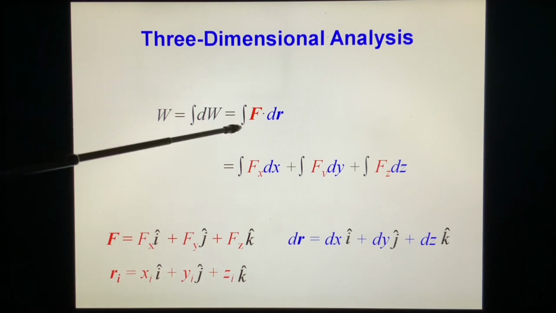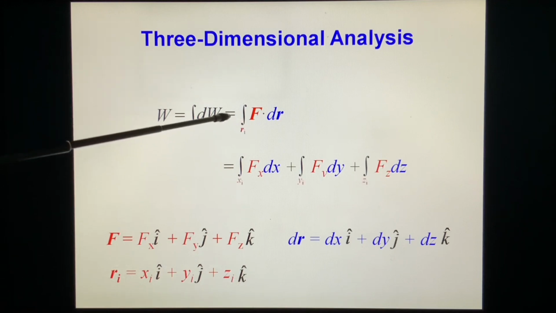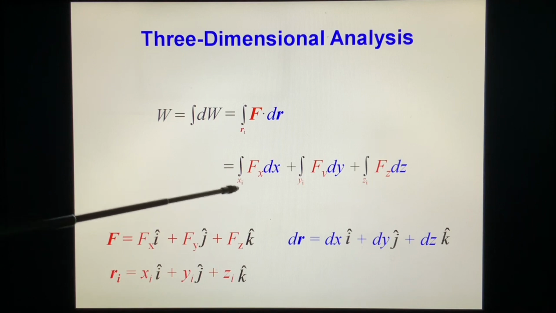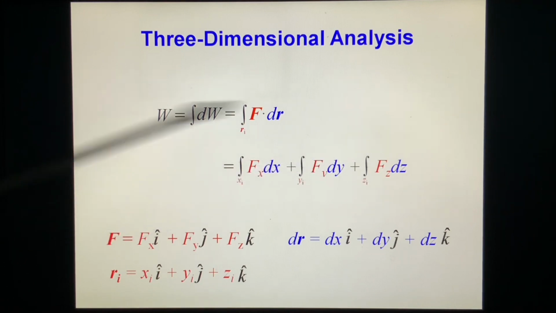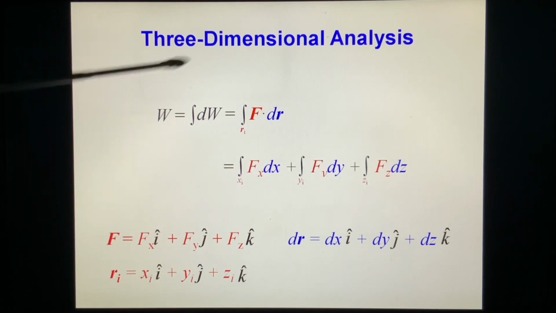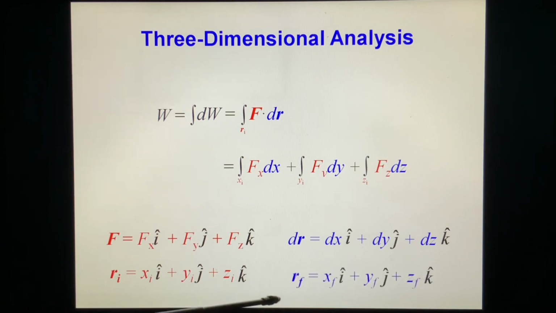So we started from R initial, and this is x_i, this is y_i, this is z_i. When it ended, it's called R final, equal to x final i plus y final j plus z final k. So we put them down: this is R final, this is x final, y final, z final. That's it. It's an extension from the one-dimensional world.